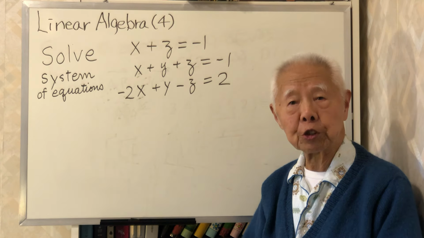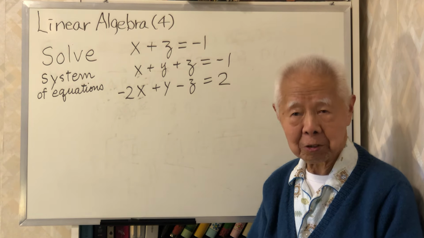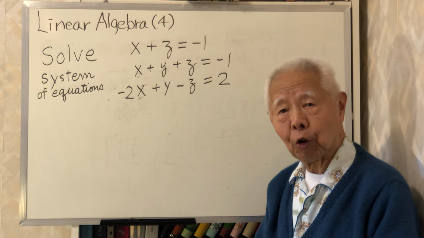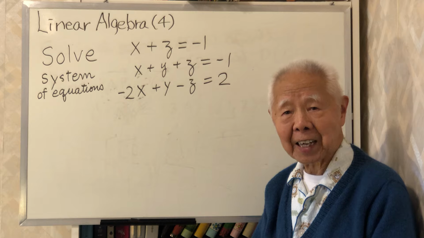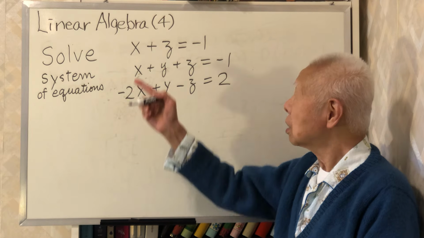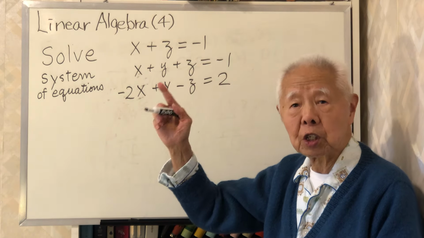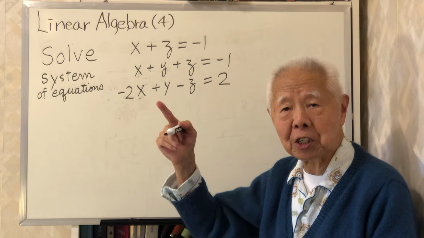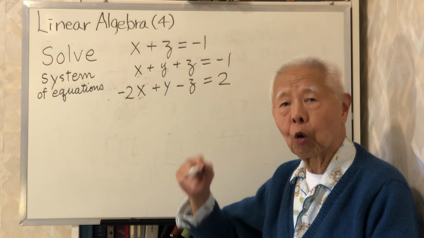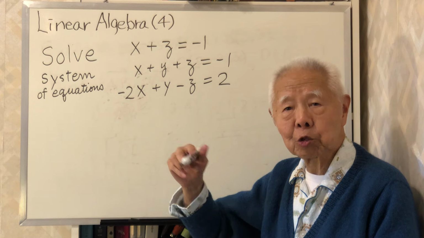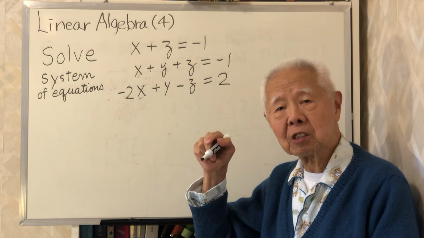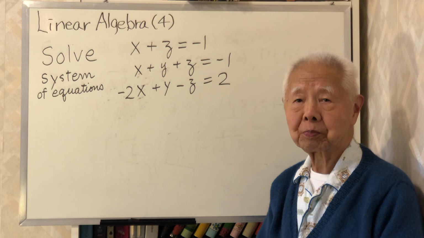The first equation has no y. Therefore, this gives us an idea that the first equation already has only x and z, no y. So why not let us eliminate y from the second and third equation.